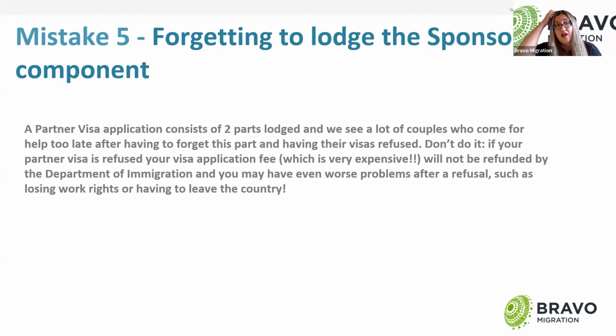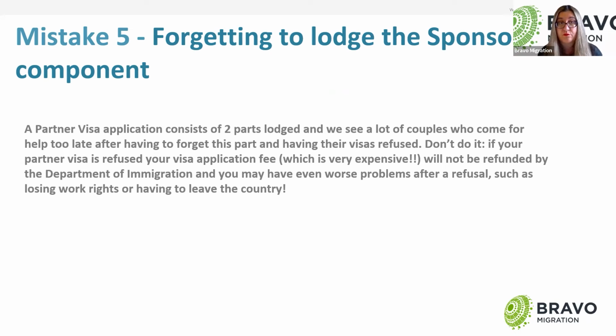And we've seen many people not even knowing that that was the case. And then a case officer 2 years later got to their case and said, oh, well, you lodged this visa application, but your partner never lodged the sponsorship. So refusal. And then, as I said, you lose the visa application fee. So be very careful with this.